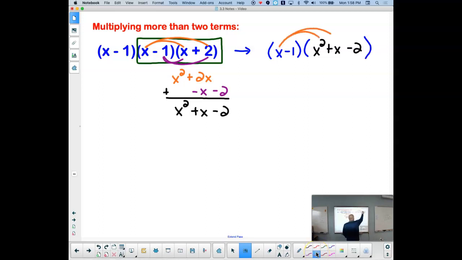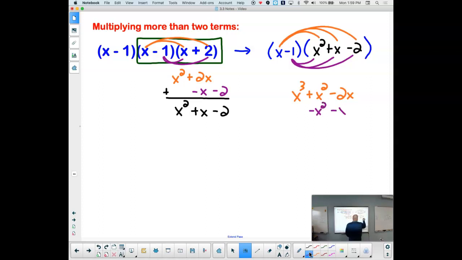So now I've got to redistribute an x in there. X cubed plus x squared minus 2x. Distribute in a negative 1 into there. Negative x squared minus x plus 2.